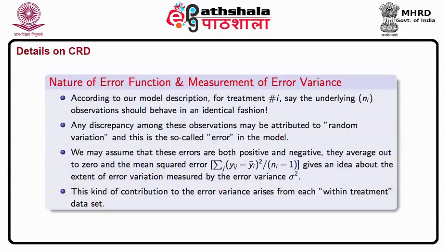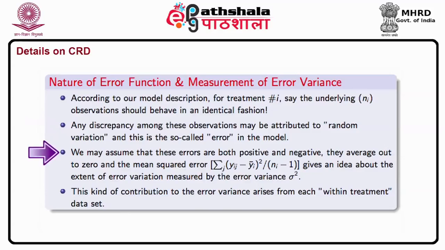Now, here is the nature of error function and measurement of error variance. So, according to our model description, for treatment number i, the underlying ni observations should behave in an identical fashion. Any discrepancy among these observations may be attributed to random variation, and this is the so-called error in the model.